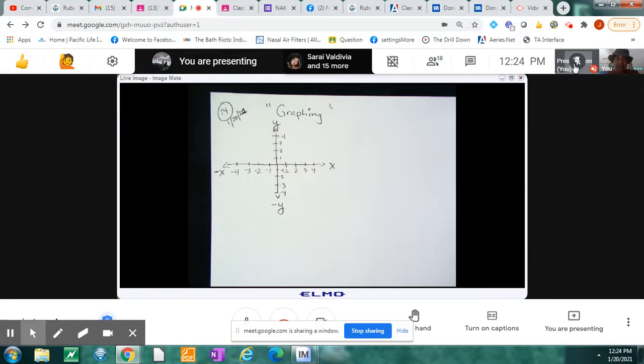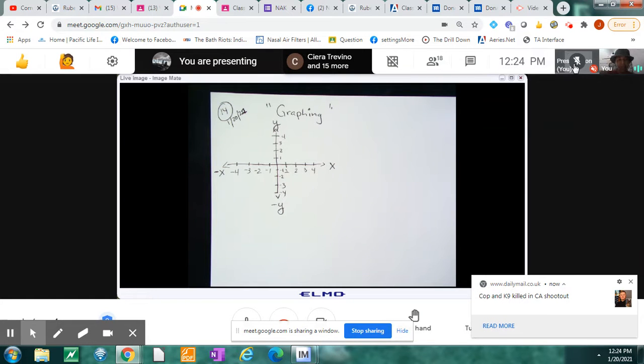You need an x and a y, or is it a y and then an x? In the universal math concept of graphing coordinates, the x always comes first. Everybody knows that. Okay?